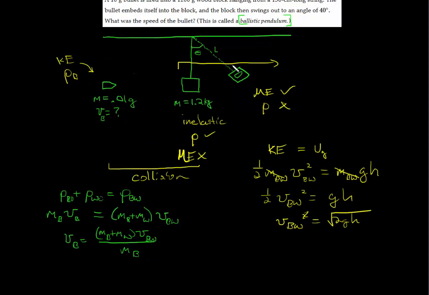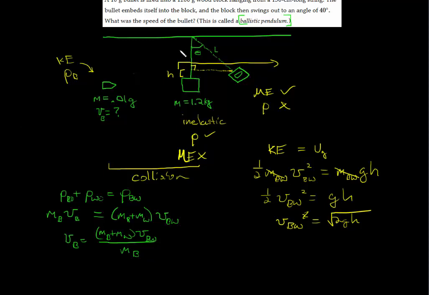Sure, why not? So we go back here, we have to use some trig. The idea is we basically want to come across to form our right triangle, and my height is going to be this distance right there. That's going to be the height at which it rose.